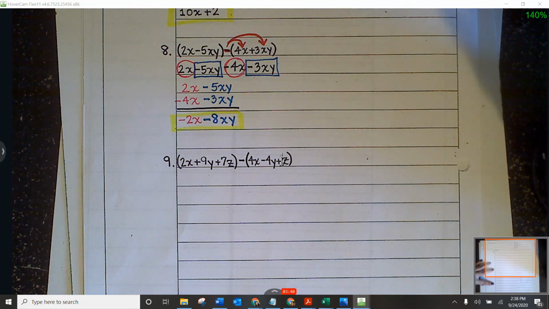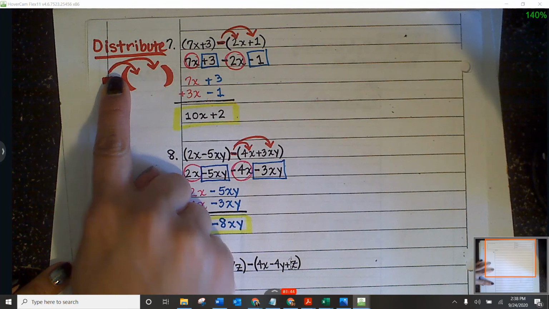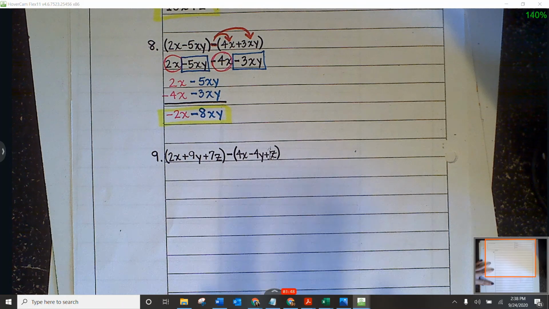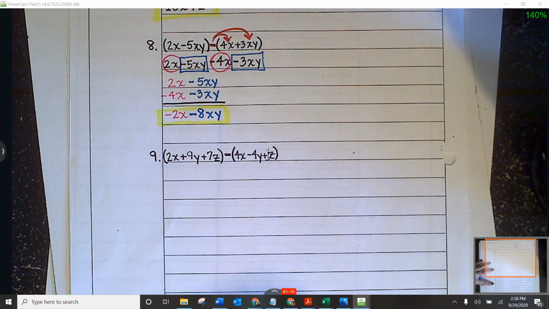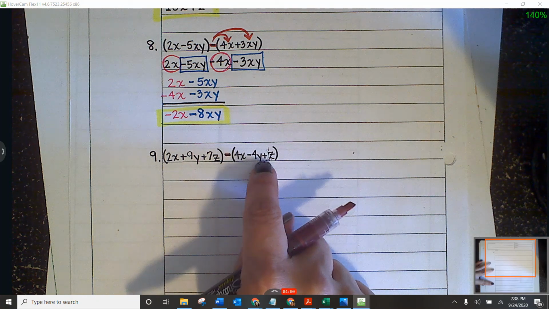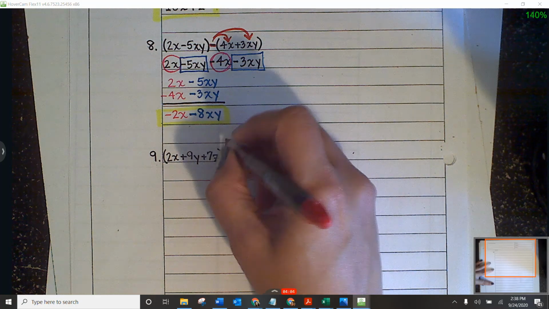Okay, so let's go ahead and distribute that negative because I don't want to have to forget about that later. Let's just get it out of the way right now. Just like I said, this time I have a minus sign here and a plus sign here. I actually have 1, 2, 3 terms.